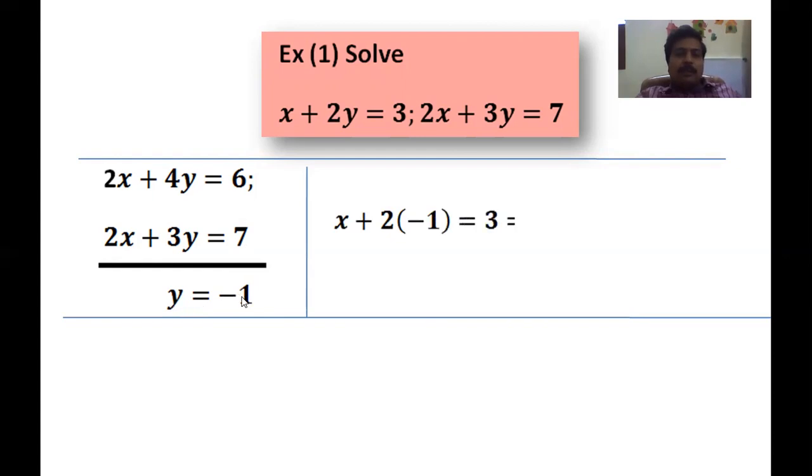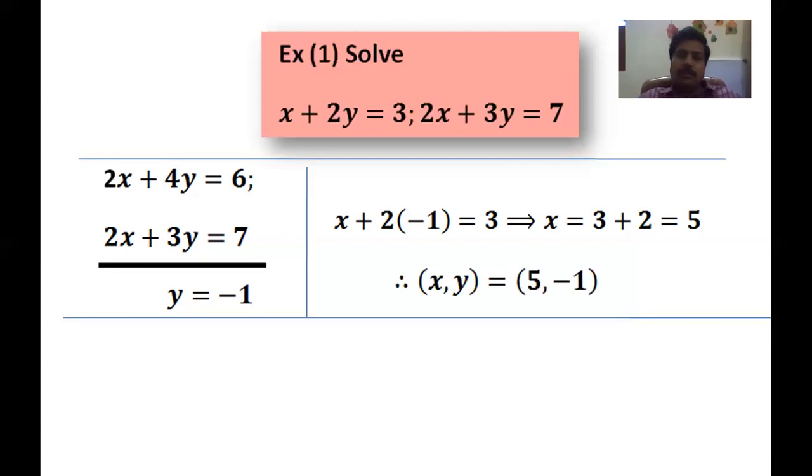From this value y is equal to minus 1, I can find the value of x also. If I substitute this value in the first equation, x plus 2 times minus 1 is equal to 3. That will give me x is equal to 3, and this minus 2 will become plus 2 here. So 5. So x is 5 and y is equal to minus 1.